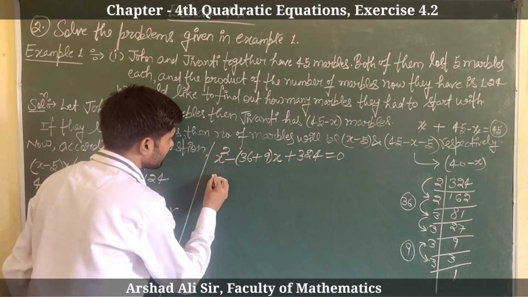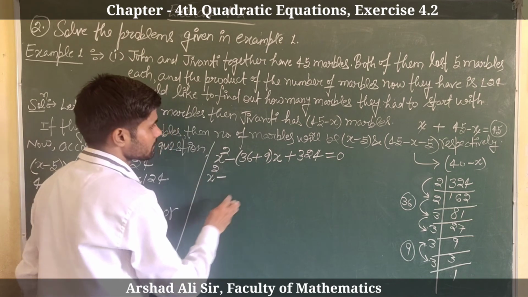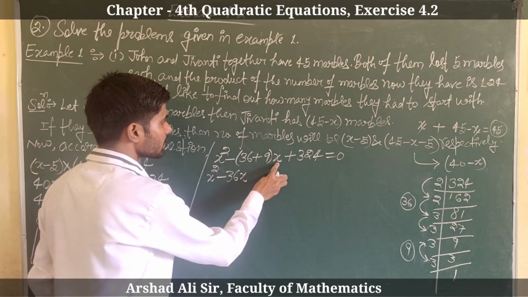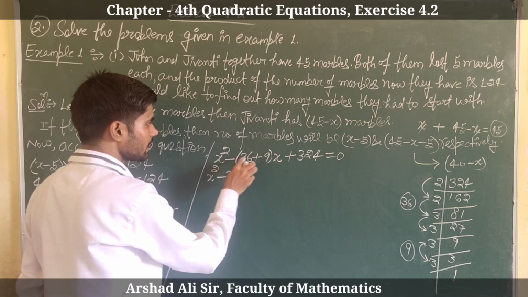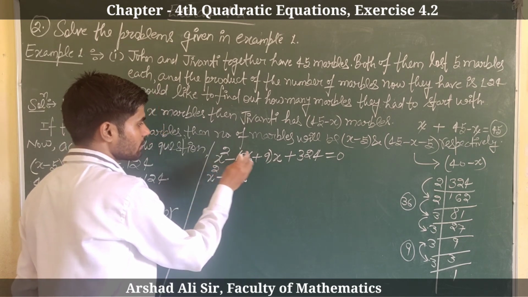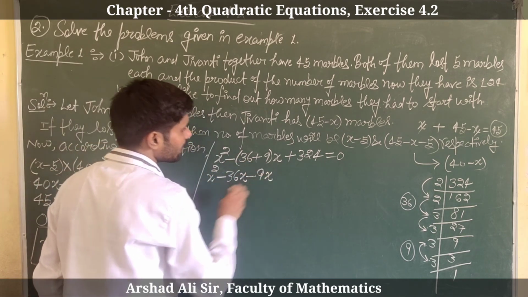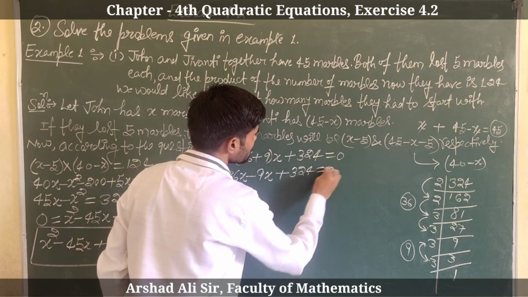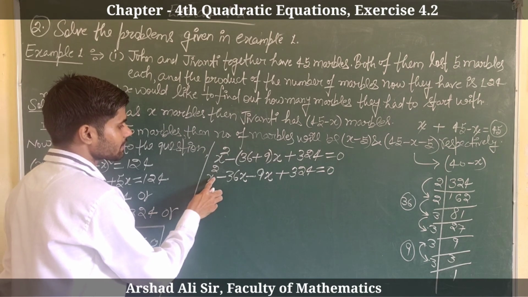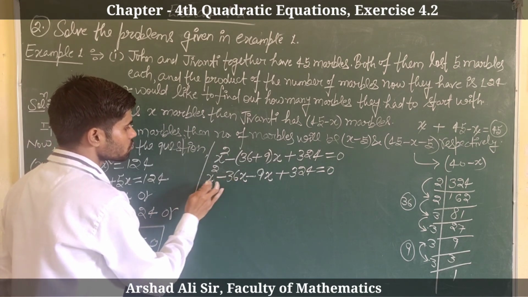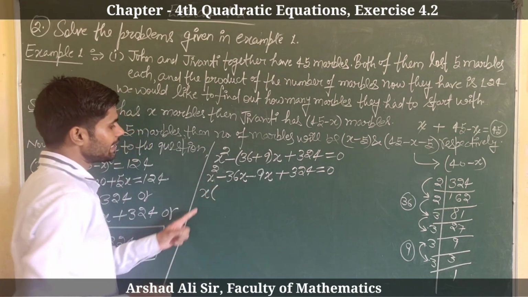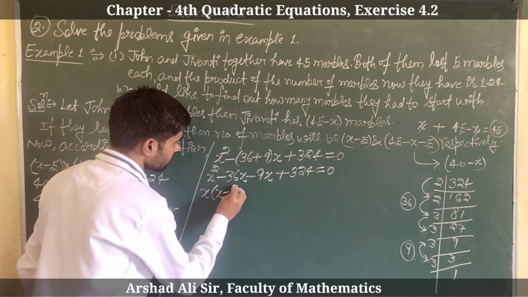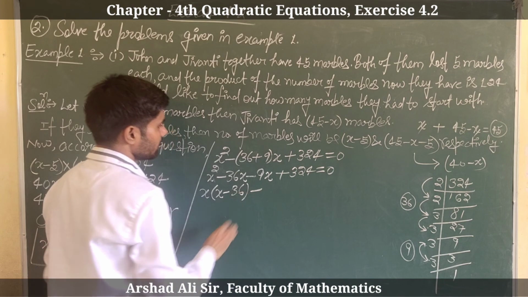Now we can solve very easily. X square minus x multiply 36, this will be 36x. X multiply 9 will be 9x, and because of this negative sign 9x will be negative, plus 324 is equal to 0. Now we can take x as common from these first two terms. After taking x as common, here x will remain and here minus 36.